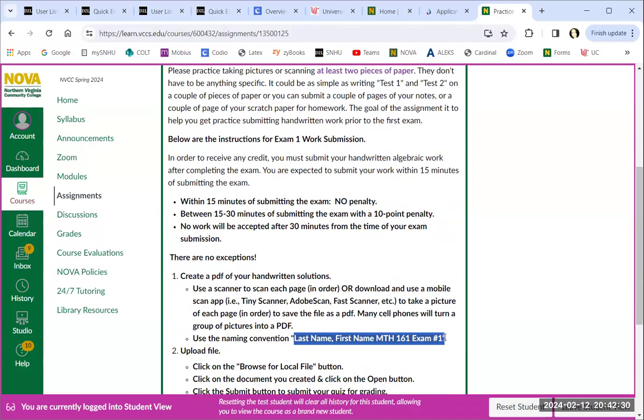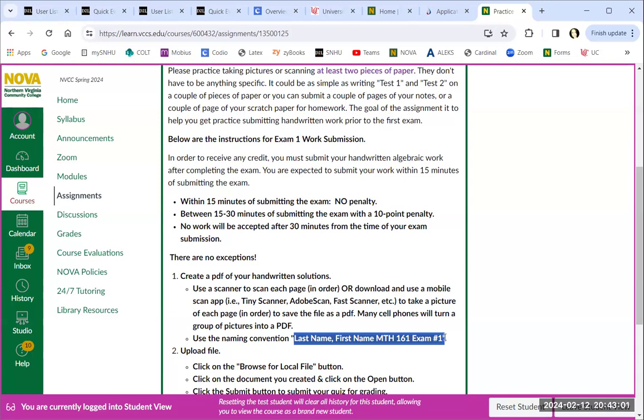But it is very important that you have your last name and your first name, because I download your work and I grade it offline and then I have to upload it back. If you don't put your name on your stuff, then you're going to get a point deduction, because then I have to hunt you down and figure out which exam belongs to who, because you didn't follow the directions and save with the correct naming convention.